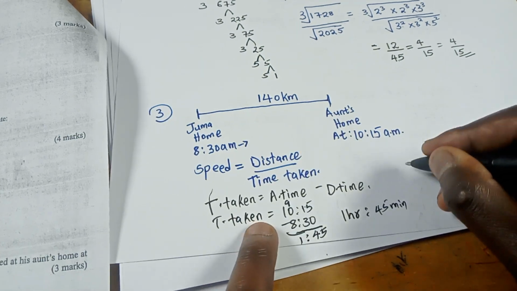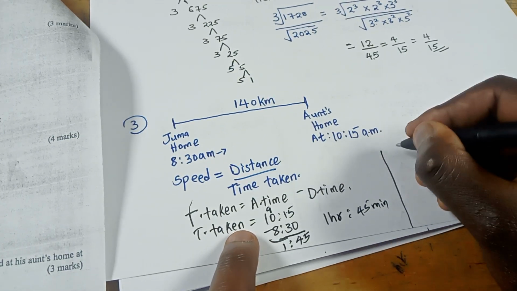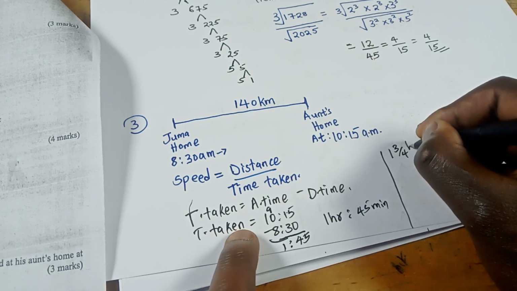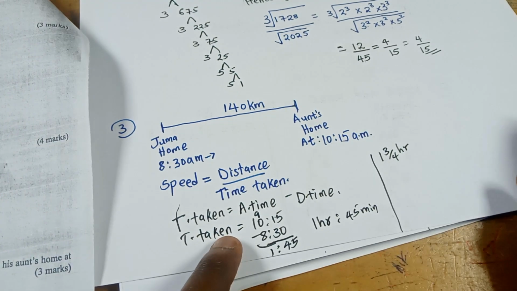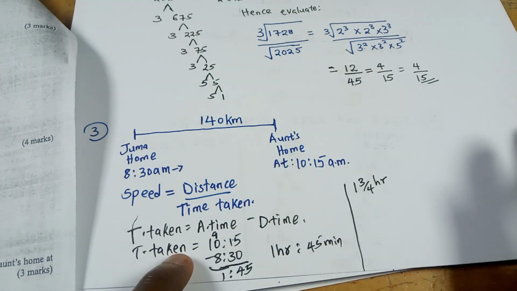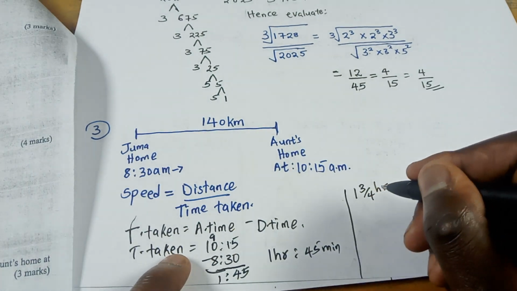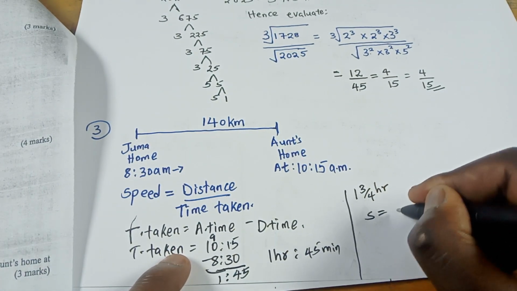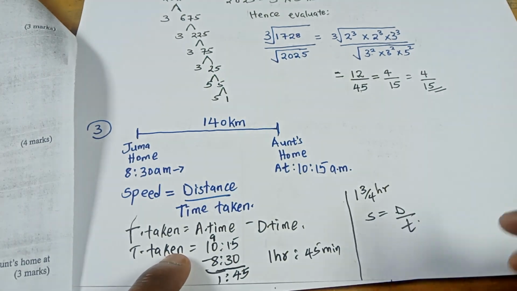That is the same as saying 1.75 of an hour. So speed is equal to distance over time taken.